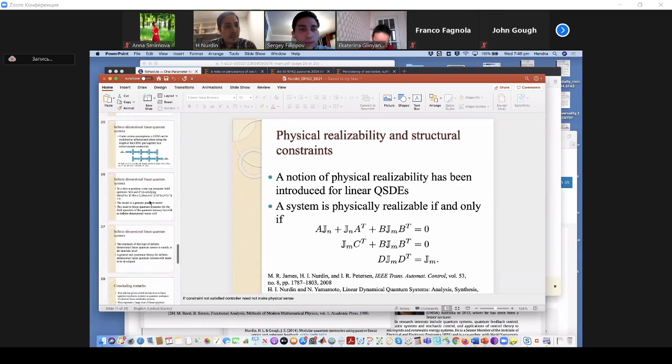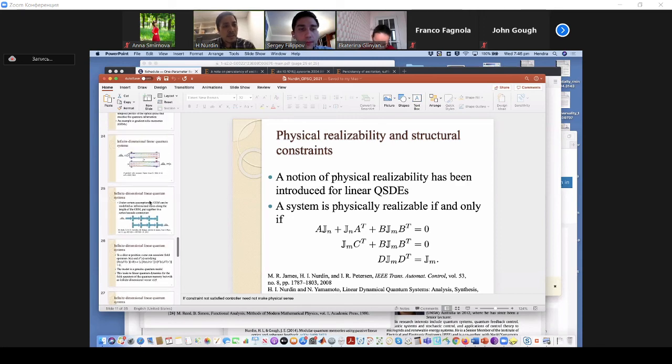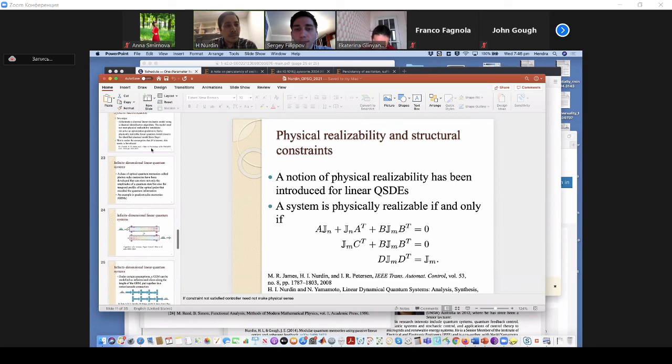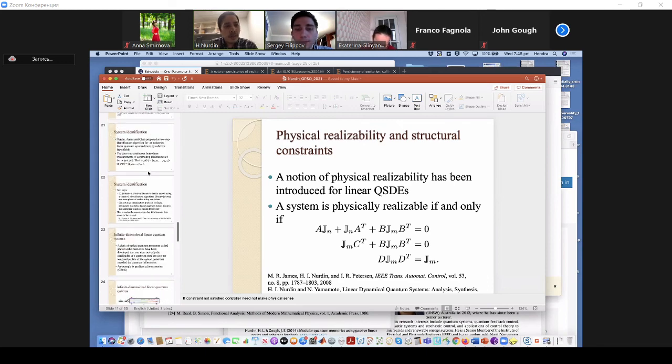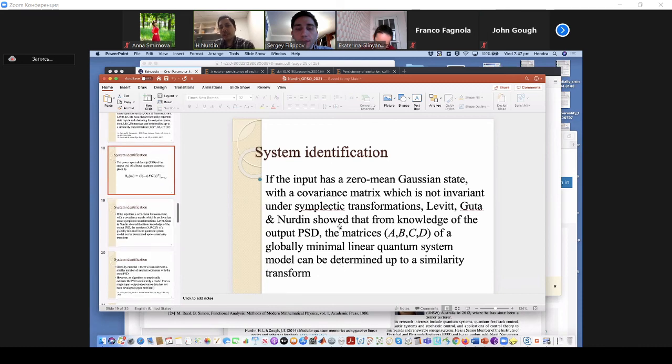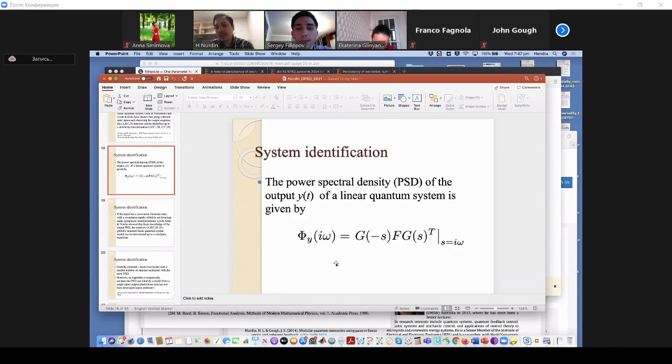Okay, so let's go back. Global minimality means the following. If you have a power spectrum which is rational, so it comes from some linear system, it could be a classical linear system or a quantum linear system, then you can associate a transfer function to that power spectral density.